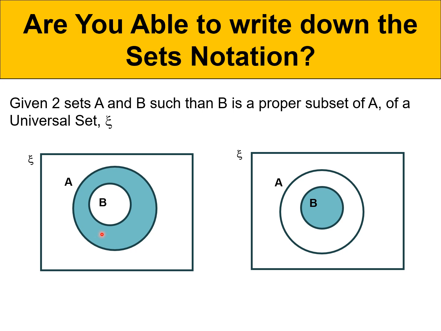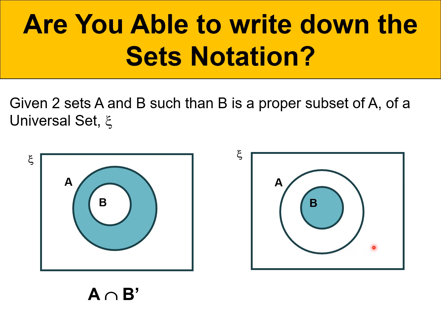So is it B complement intersect A, or is it B complement union A? What do you think? It should be A intersect B complement, because we are talking about the common element. If I talk about A union B complement, that means I will have to shade the set B as well. So over here, this is A intersect B complement.